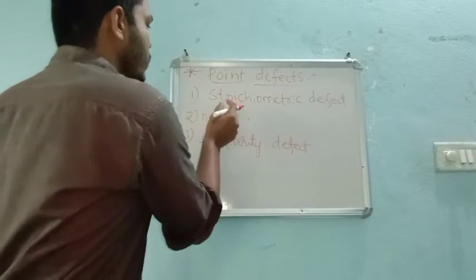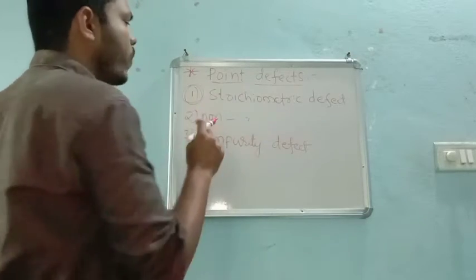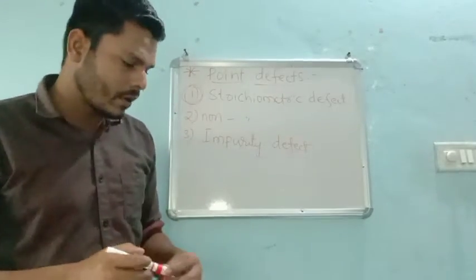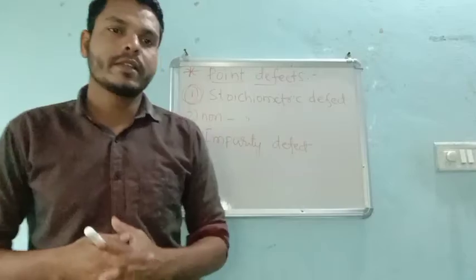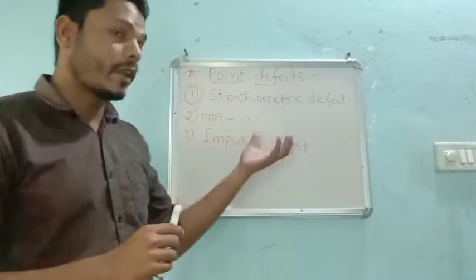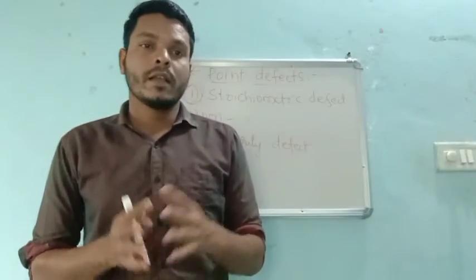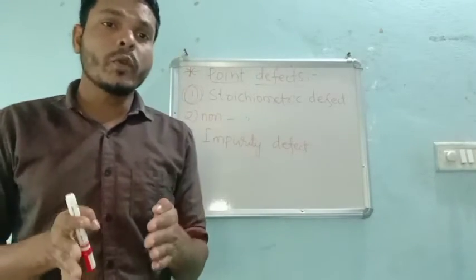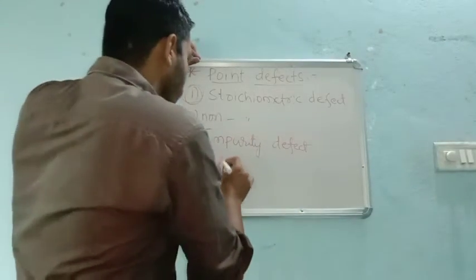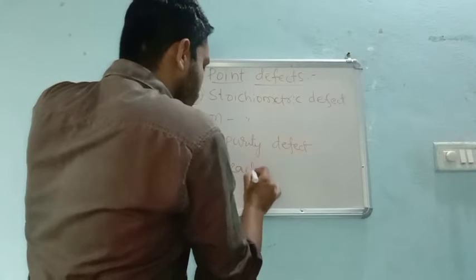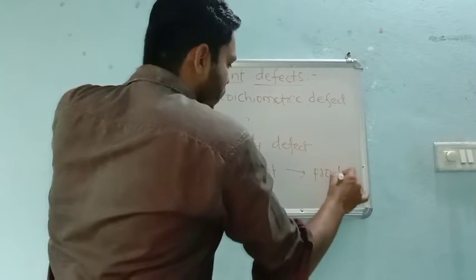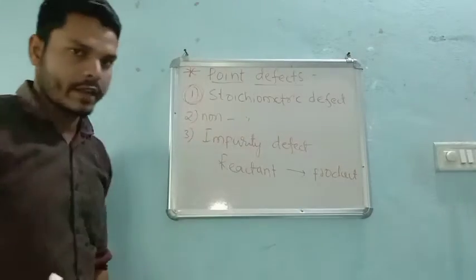In today's class I will just explain what stoichiometry is. In 11th standard we have already discussed stoichiometry. Stoichiometry means the ratio is maintained. In a reaction there should be a reactant and a product, and only then can we call it a complete reaction.